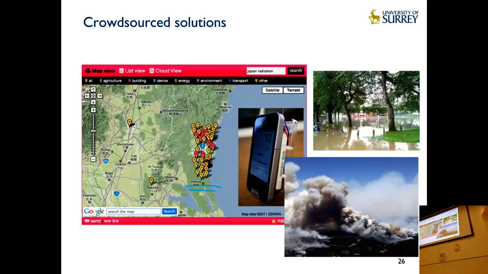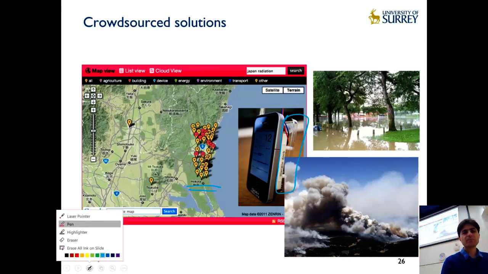A group at MIT published instructions telling people how they can use their smartphones, connect some sensors to them, and use those sensors for monitoring the radioactivity level.